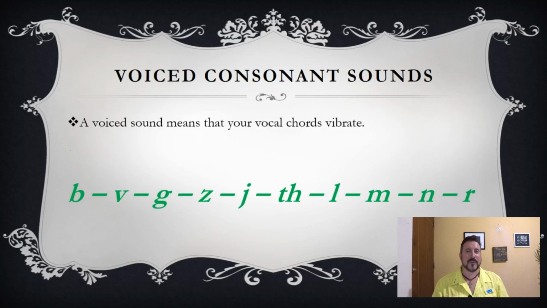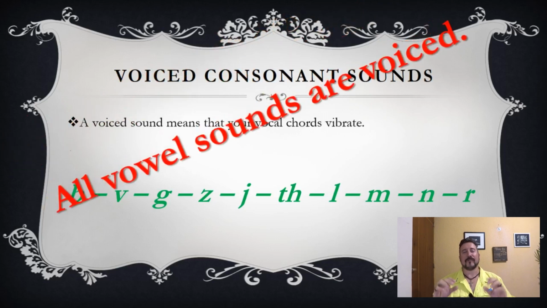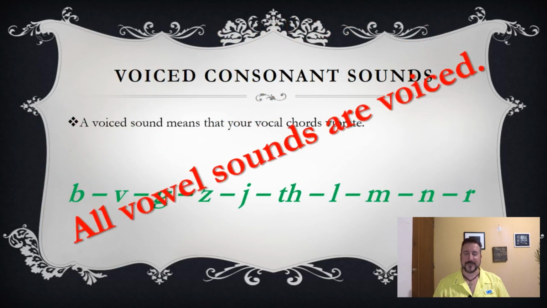And these consonants are the ones that give you a voiced sound, like B, V, G, Z, J, L. Right? Good. And don't forget, all vowels are voiced. A, E, I, O, U.